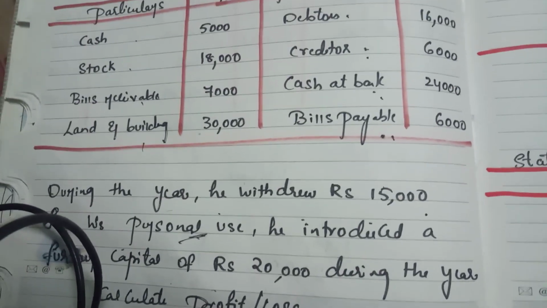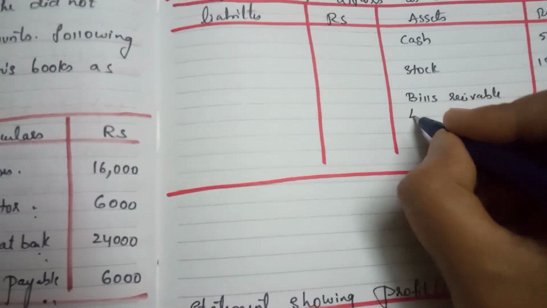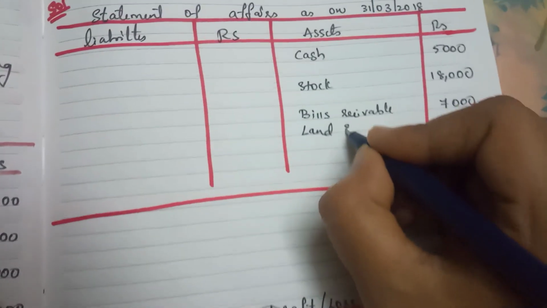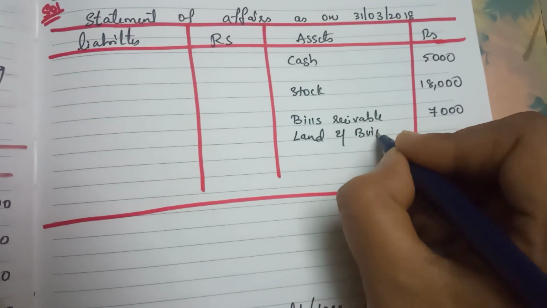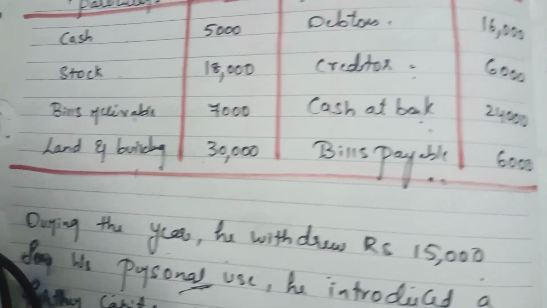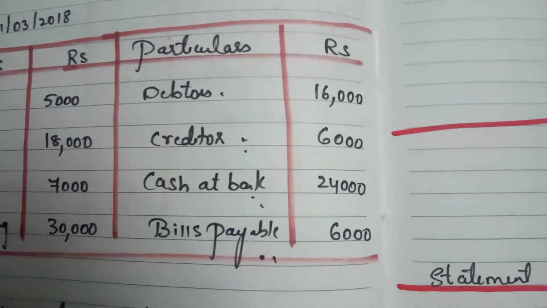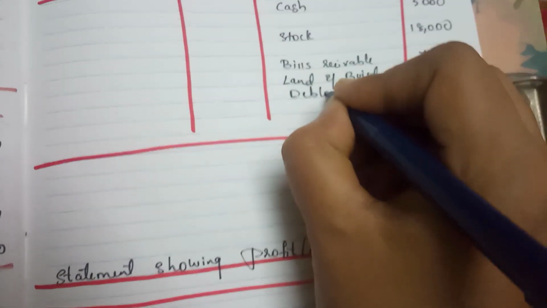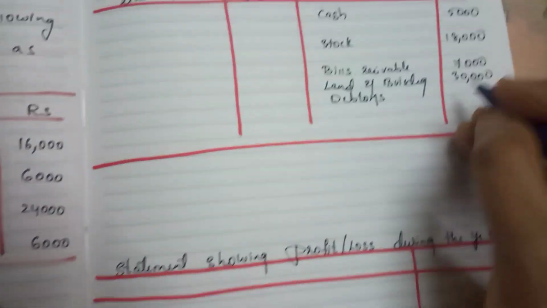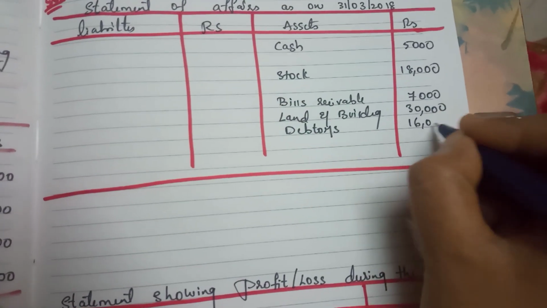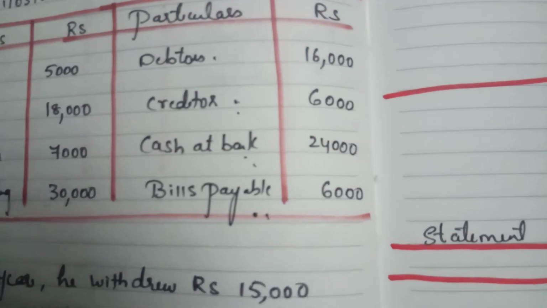Okay, next we have land and building. How much is the land and building? 30,000. Okay, and next debtors, 16,000. And next we have creditors.